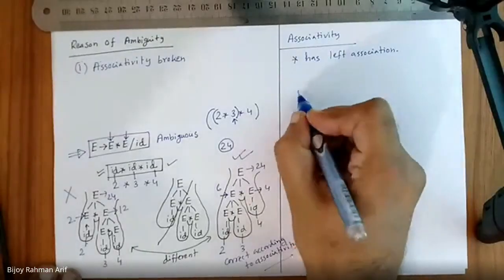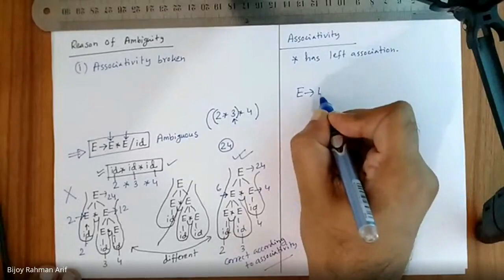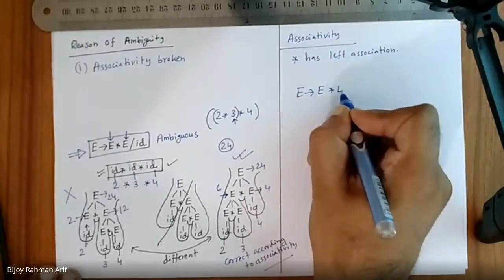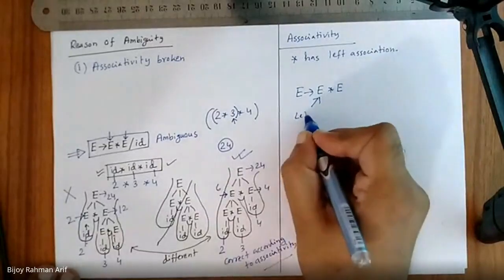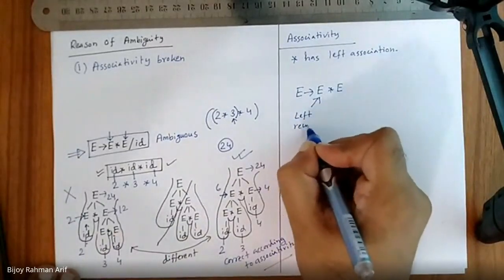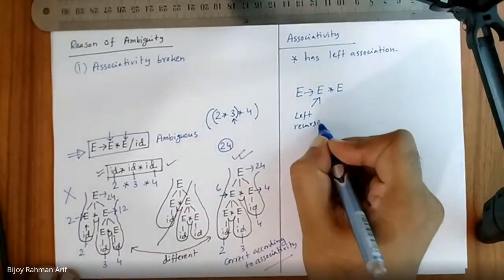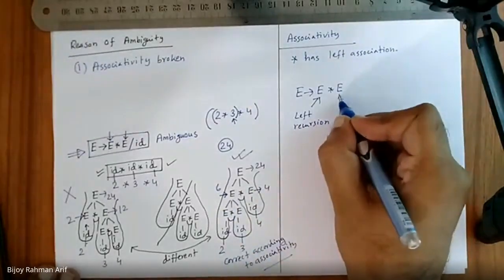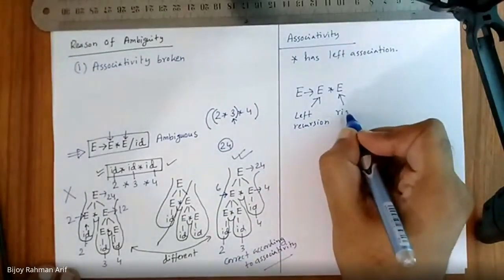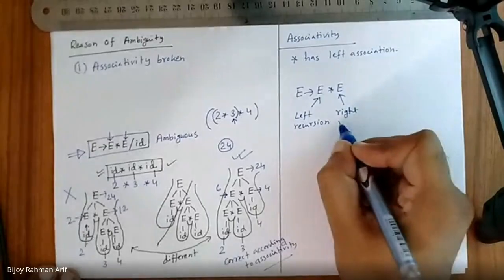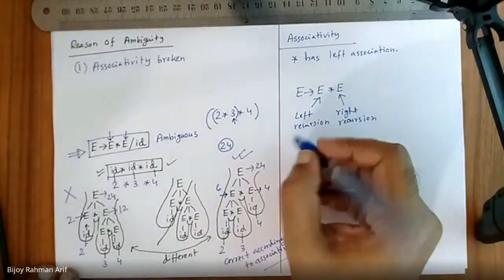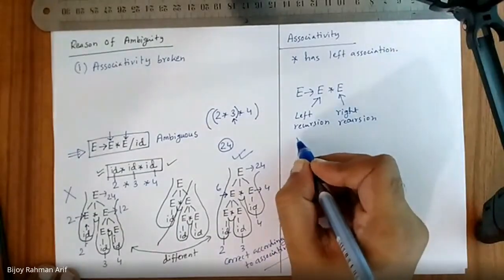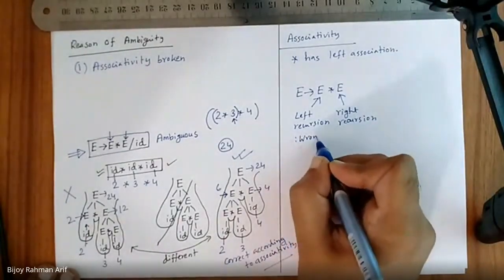In this grammar, this term is left recursion. This term is right recursion. Because of left recursion, we got the wrong answer.